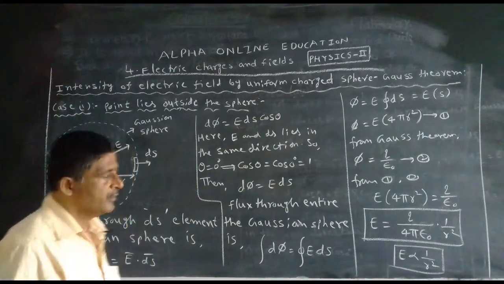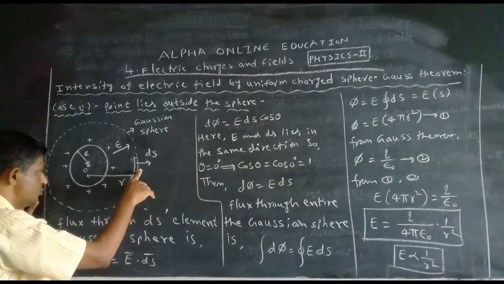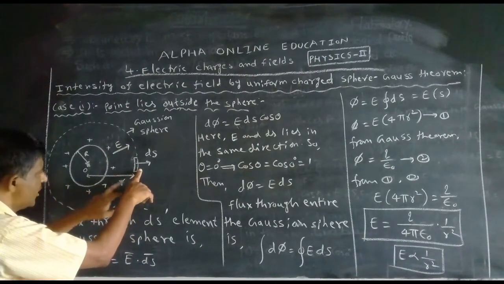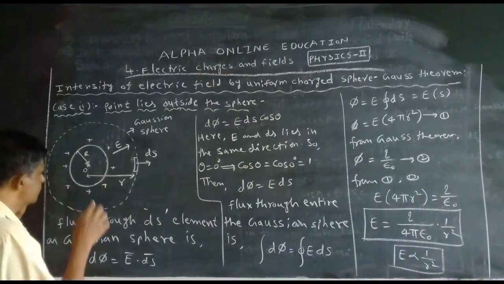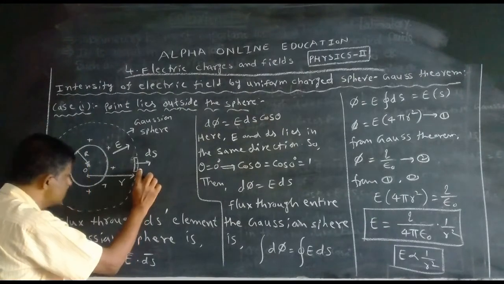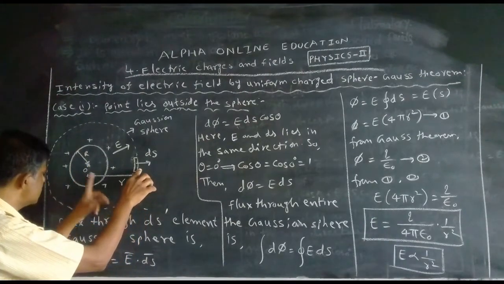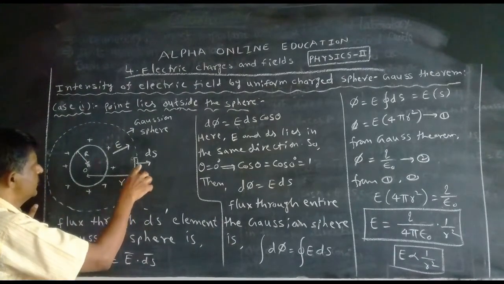charge. At this place we imagine one unit positive charge at r distance from the center of a uniform charged sphere.